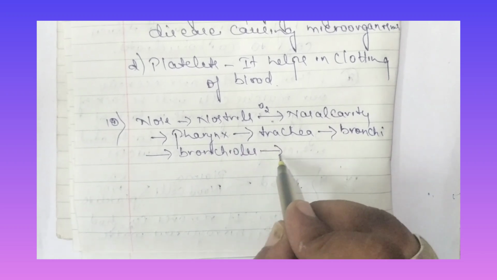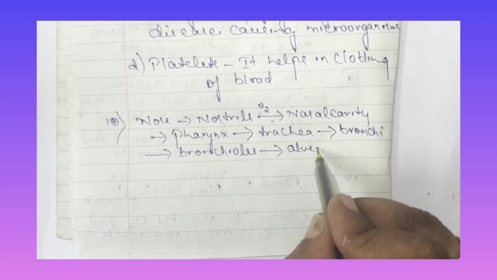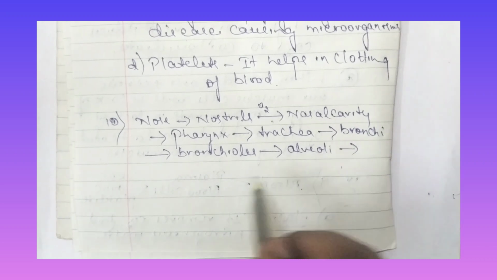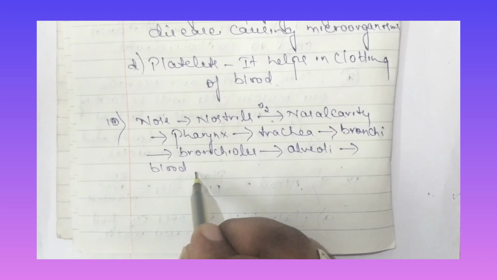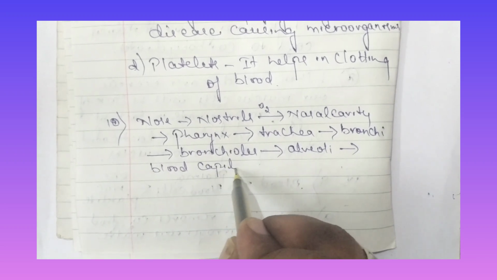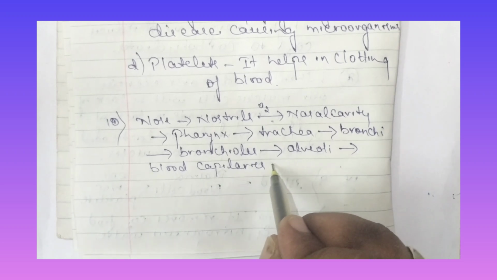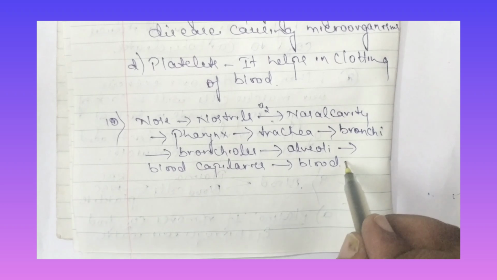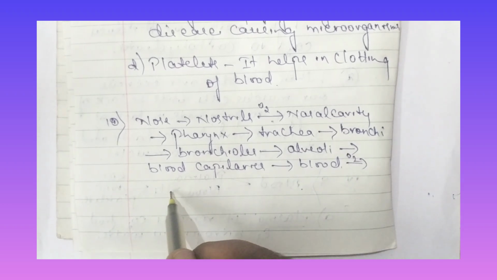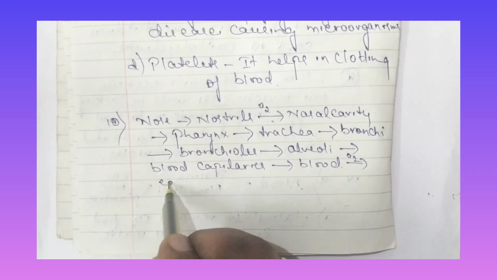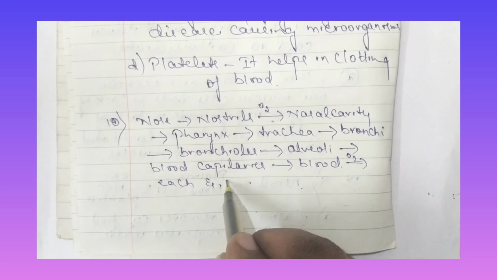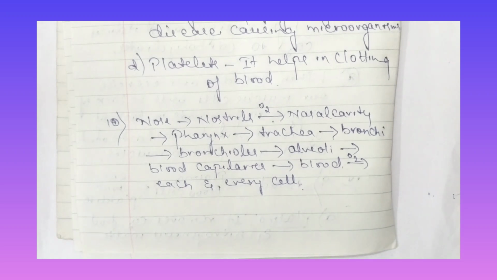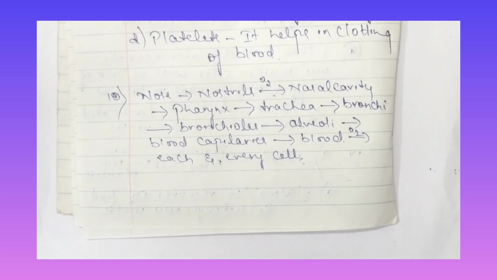At each end of the bronchioles there are alveoli, and the alveoli are surrounded by blood capillaries, which carry the blood. Then the blood absorbs oxygen from the alveoli and carries it to each and every part of our body, to each and every cell present in our body. That is how the oxygen is carried.